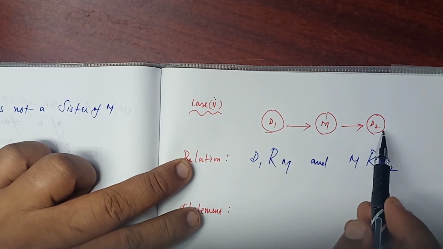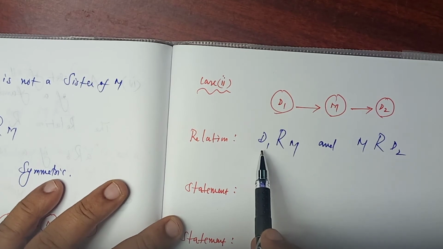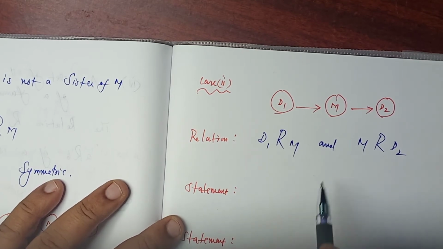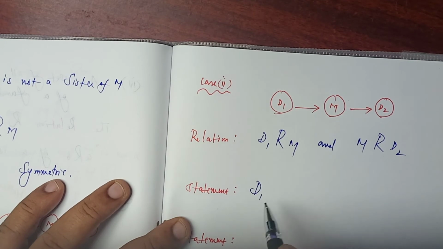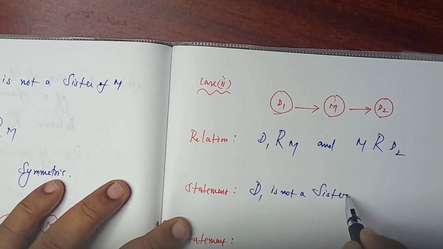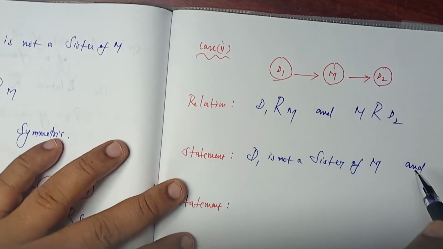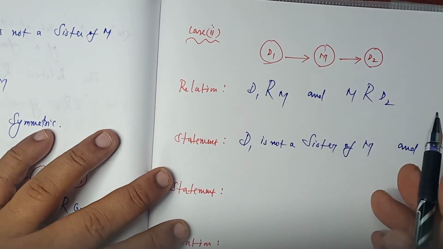D1 to M, M to D2. We can verify. Daughter 1 is not a sister of mother. Absolutely correct. And what about M and D2?